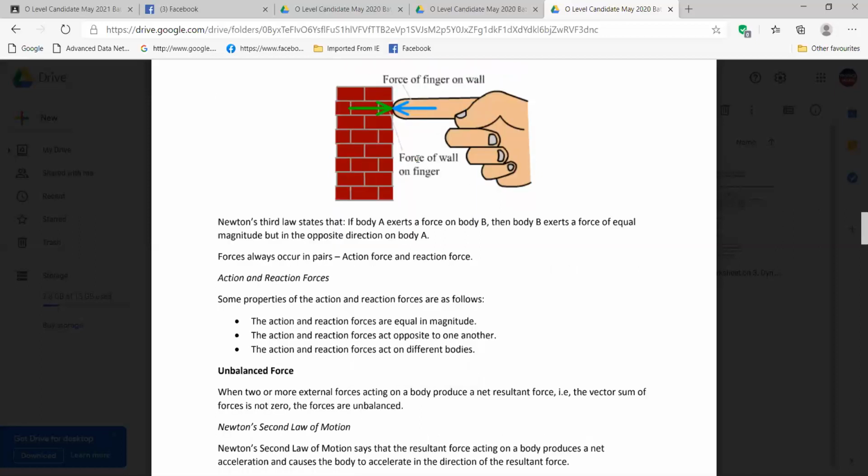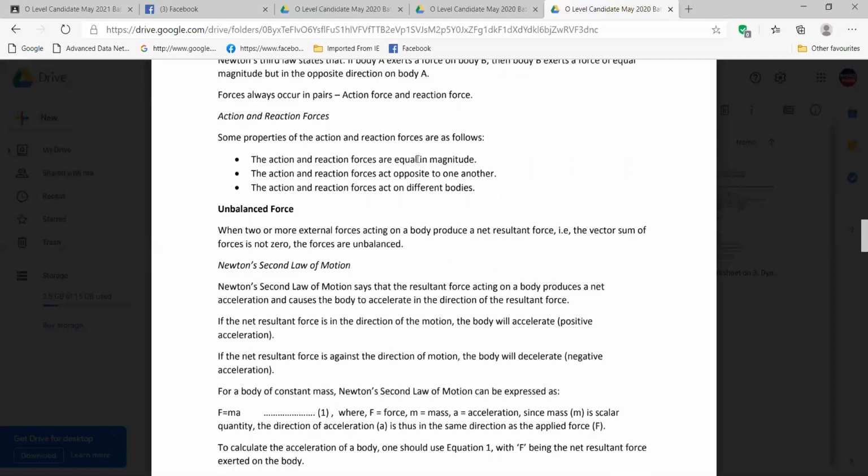You see Newton's second law. If you think of unbalanced force, it is only Newton's second law. There will be resultant force, there will be acceleration. The resultant force direction and acceleration direction will be the same.